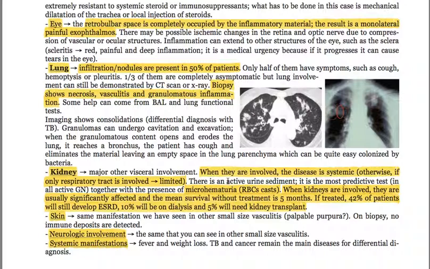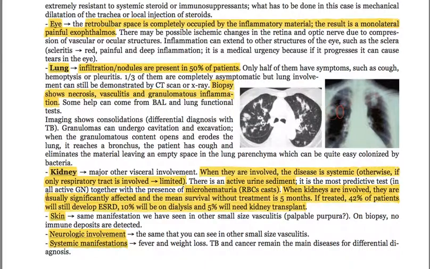When kidneys are involved, they are usually significantly affected, and the mean survival without treatment is 5 months. If treated, 42% of patients will still develop ESRD, end-stage renal disease, 10% will be on dialysis, and 5% will need kidney transplant.